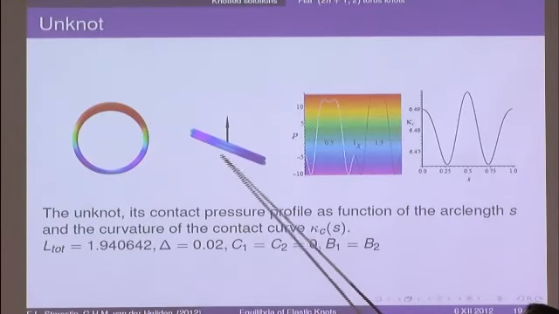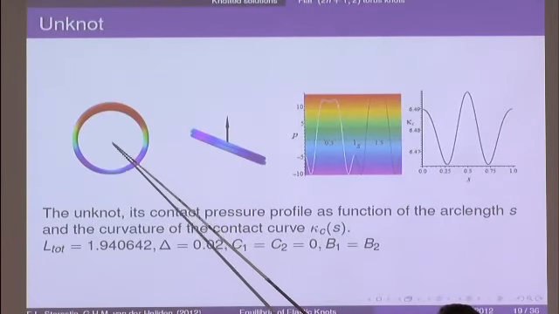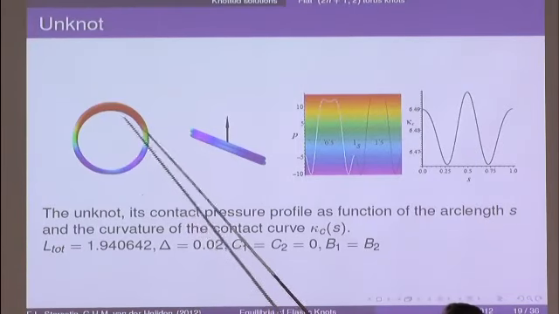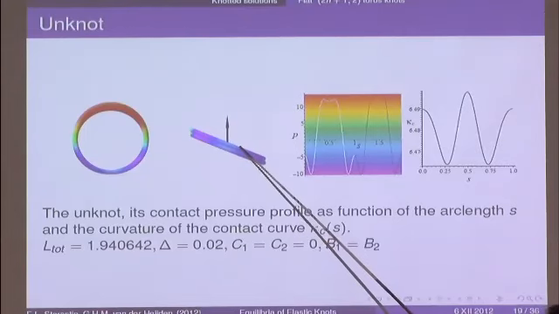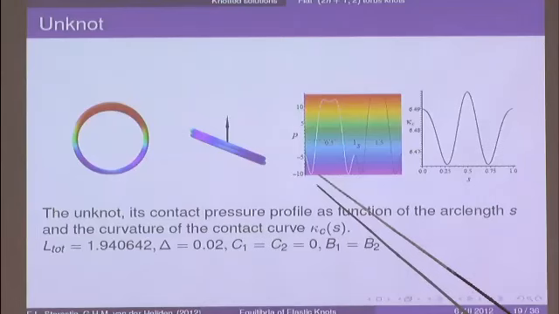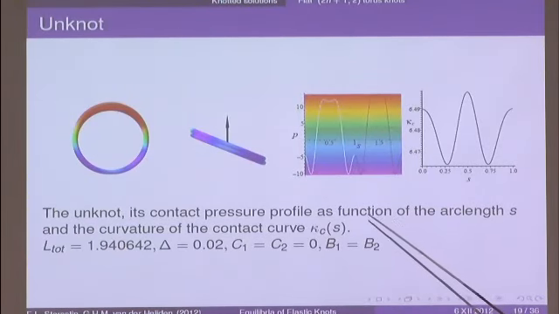The force here is a constant vector, orthogonal to the screen plane, and this arrow shows the force. And this is the contact pressure. So we have hard core interaction. We can compute the contact pressure. It's rather complicated, but it's possible to do.